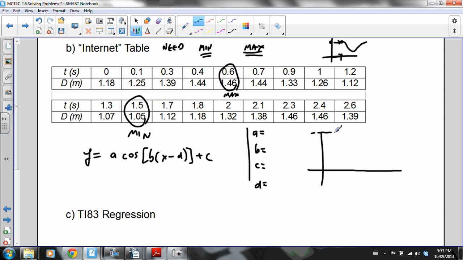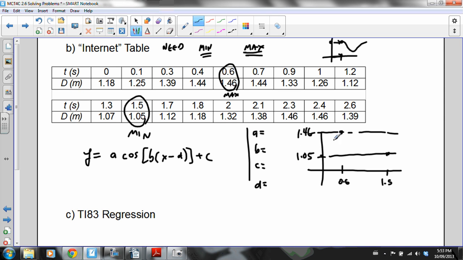The maximum here, and there's the minimum. So this is at 0.6 seconds. It was at a maximum of 1.46 meters away from the CBR. And over here at 1.5 seconds, it was at a minimum of 1.05, right? So I can see the minimum and maximum.